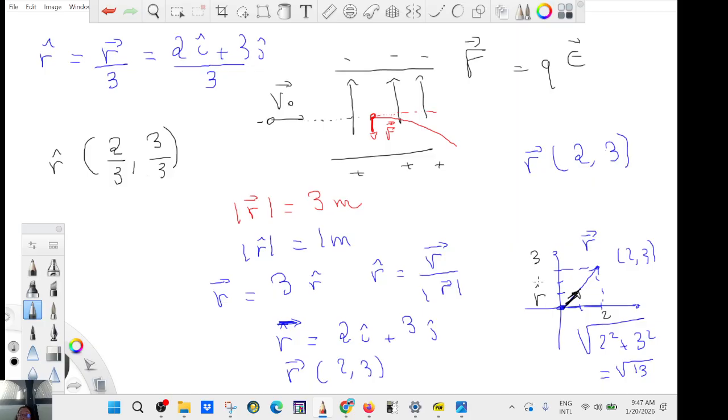That will be r hat, the unit vector, and not exactly on scale. Okay, is that clear? So it should be 2 divided by the magnitude, about here. Okay, so that's how we define the unit vector.